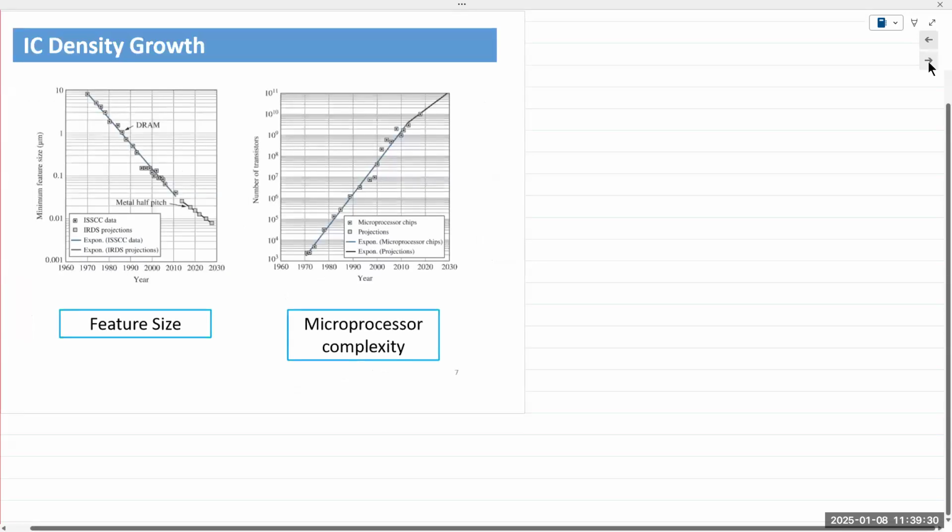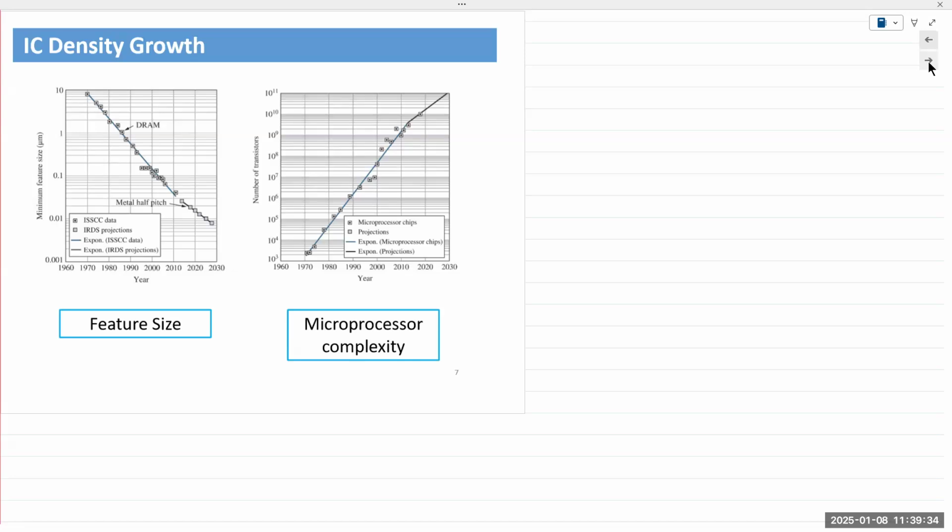Okay, IC density growth. Moore, one of the founders of Intel, early on realized that the progress they were making in integrating these circuits and making them smaller and smaller, he noticed a relationship between the quantity of devices they could fit in the same area every 2 years.